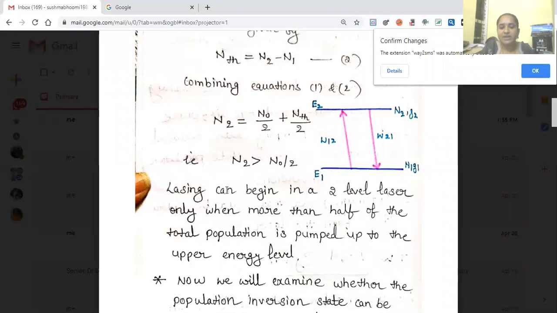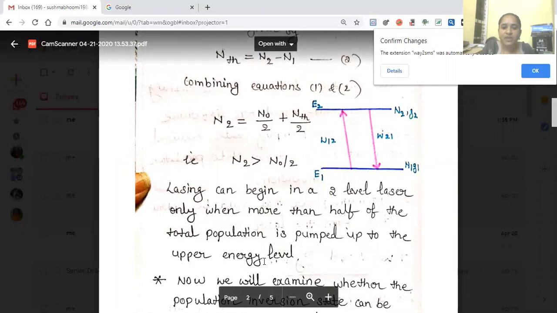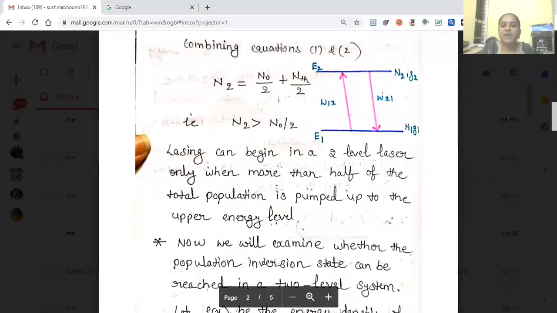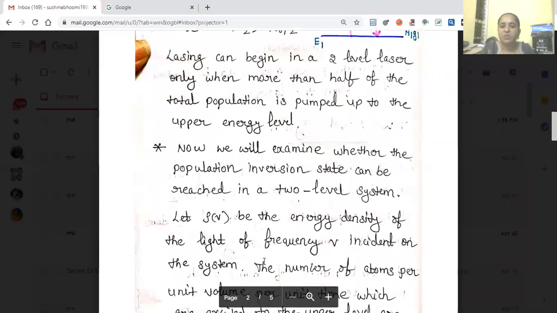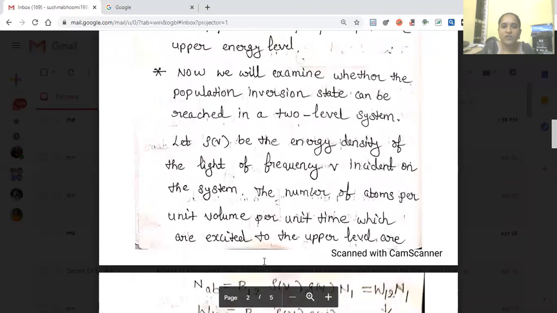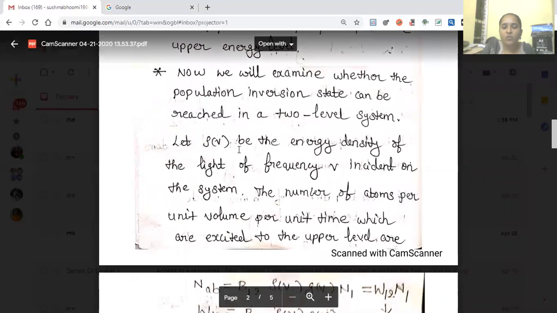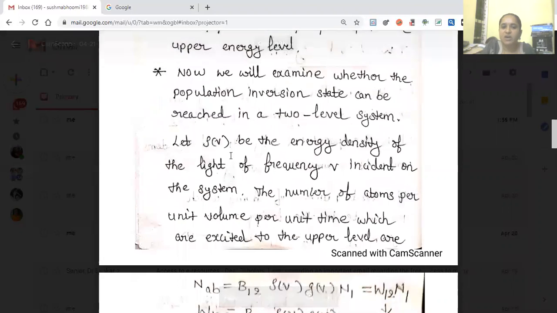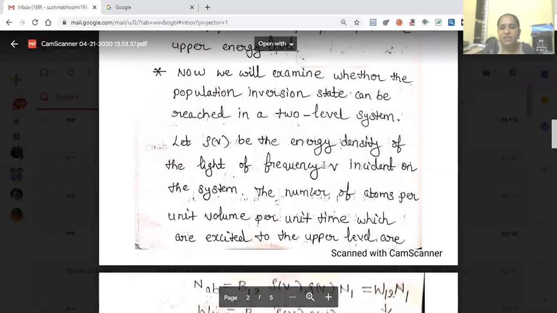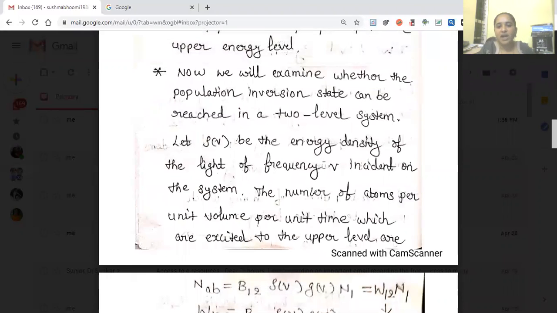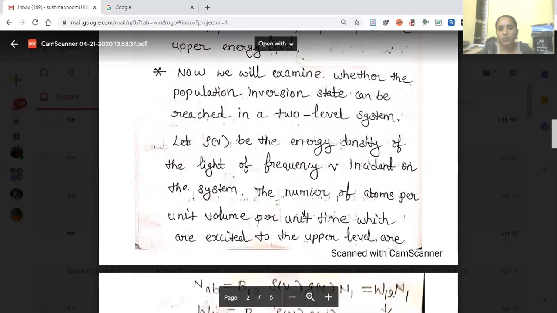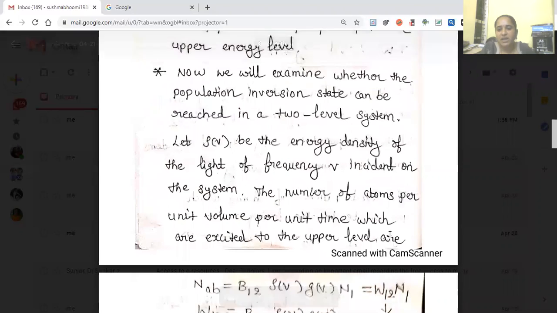Now we'll examine whether in a two-level laser system we can achieve this or not. For that, let rho nu be the energy density of the light of frequency nu incident on the system. Let R be the number of atoms per unit volume per unit time which are excited to the upper energy level.